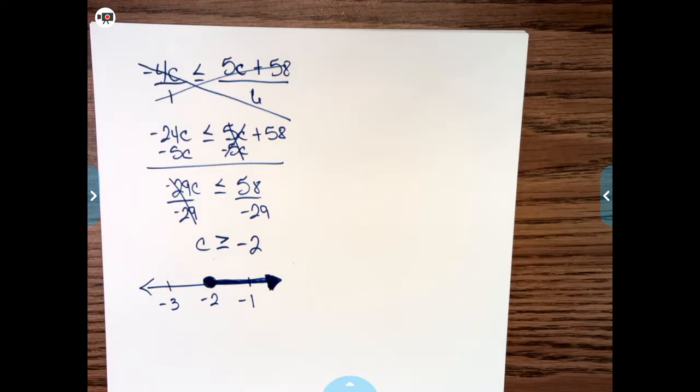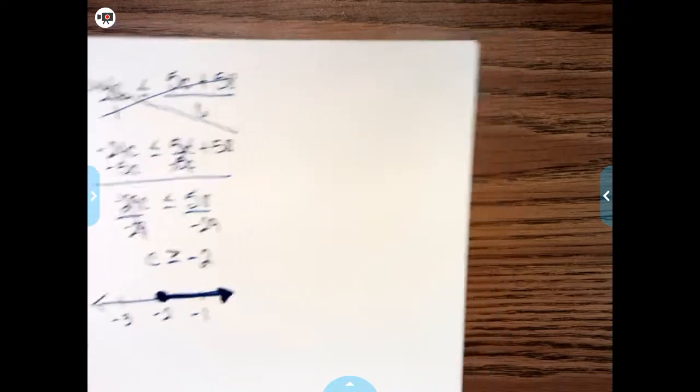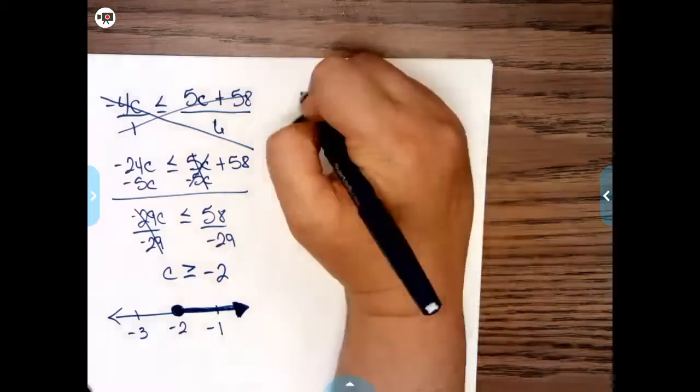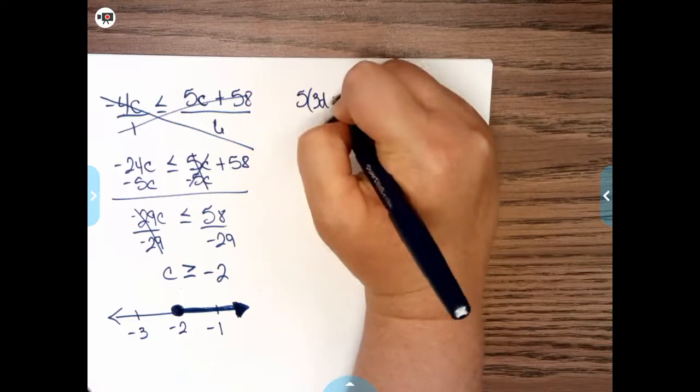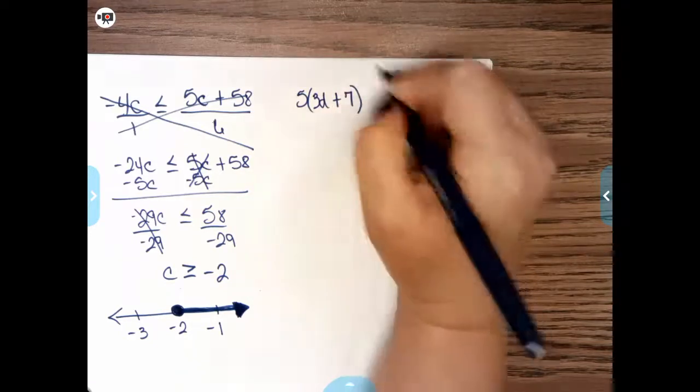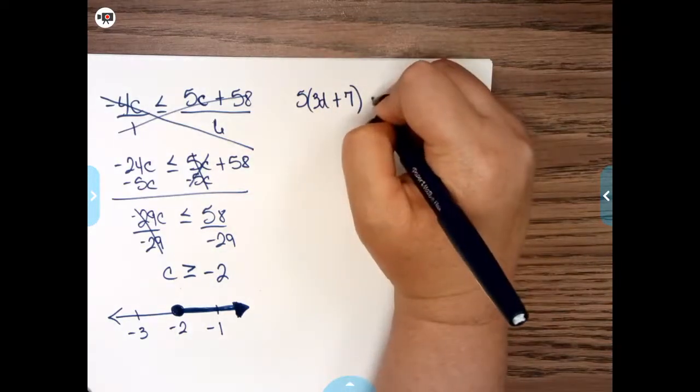So there's one multi-step. Now we're going to do another one. This one's going to have the distributive property, because we can't ever practice too much on the distributive property.